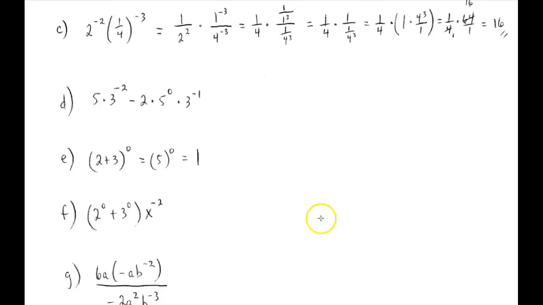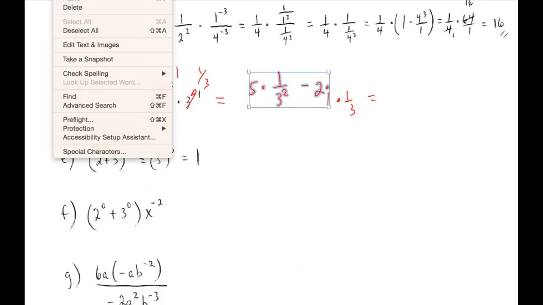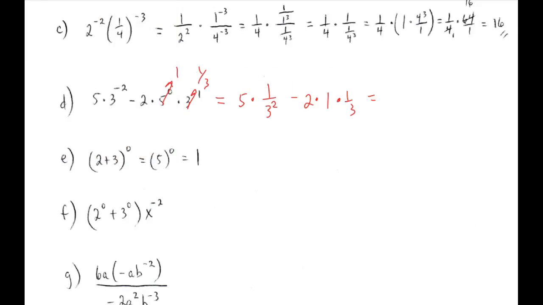For example D, we'll have the following. 5 times 1 over 3 squared minus 2 times 5 to the 0, which is just 1, times 3 raised to the negative 1, which is just 1/3. So 3 squared is just 9.